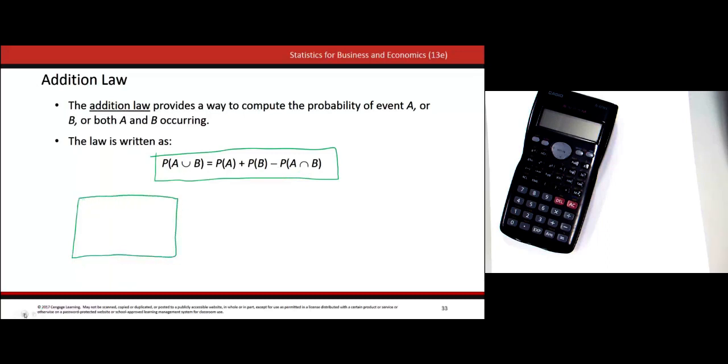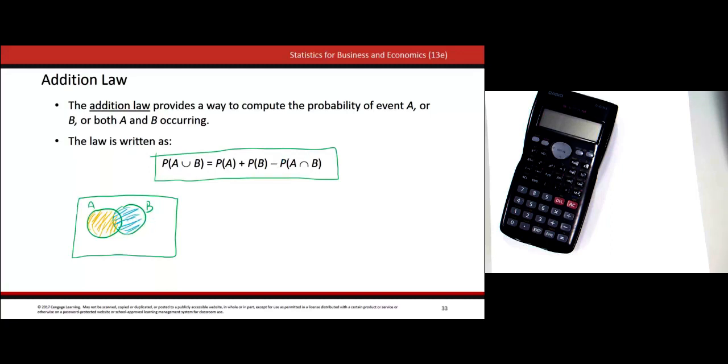If we look at the Venn diagram, say this is A, this is B. Once we say the probability of A, which is this area in the Venn diagram, it already includes the intersection. Plus the probability of B, so now you are including the intersection twice.